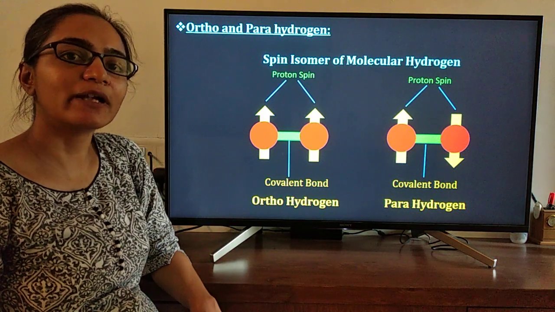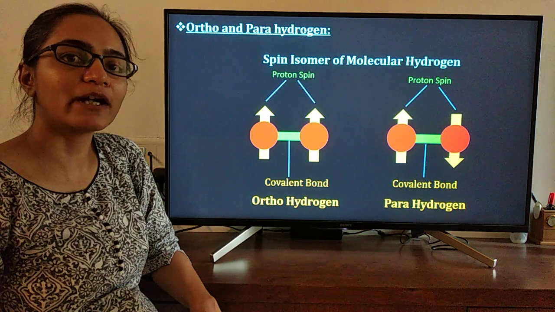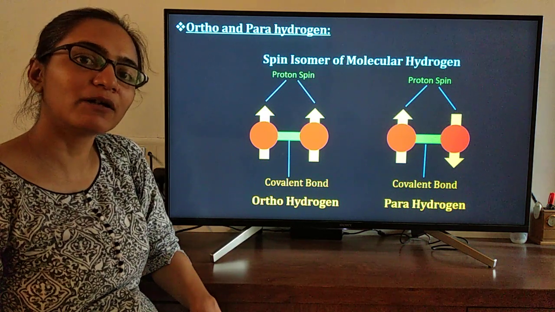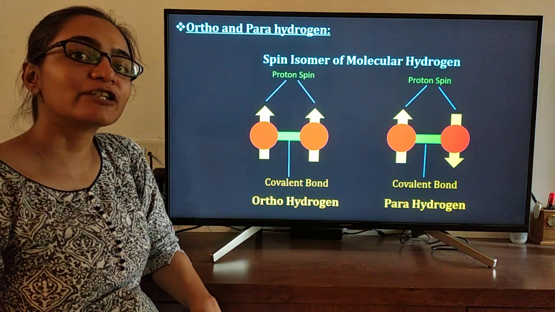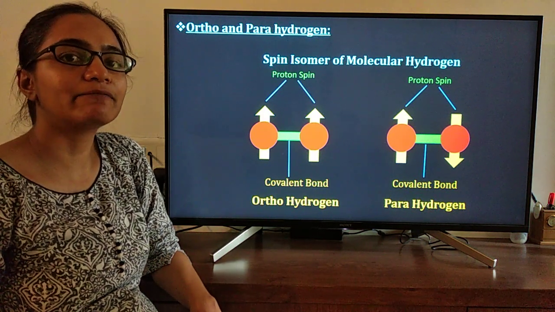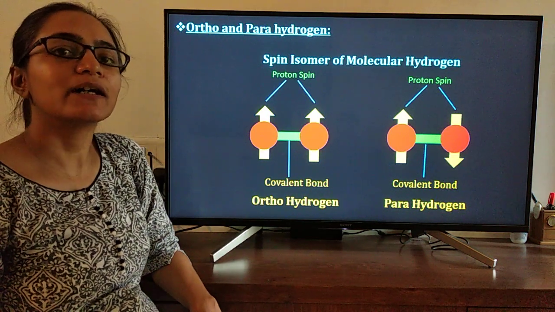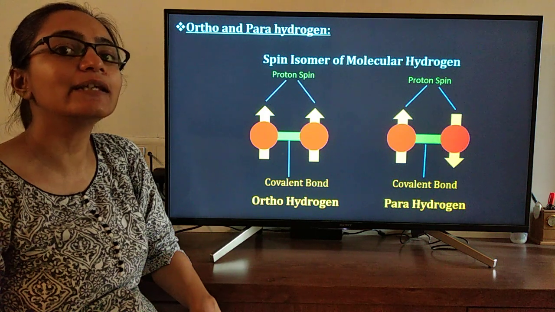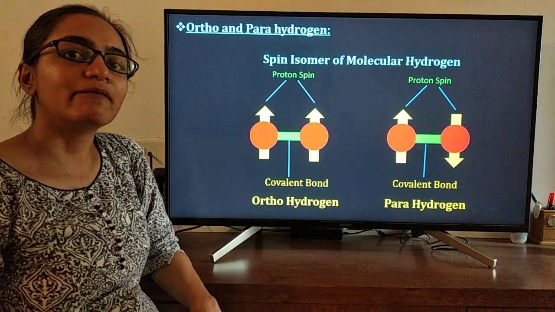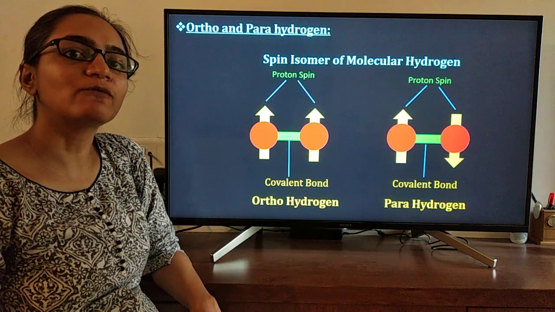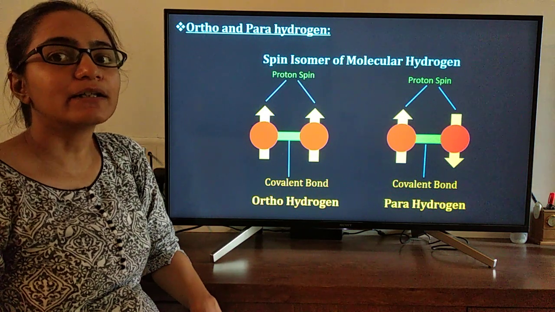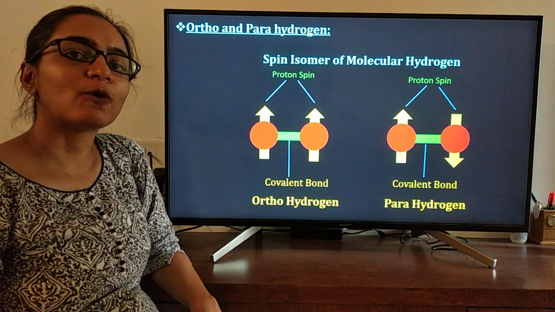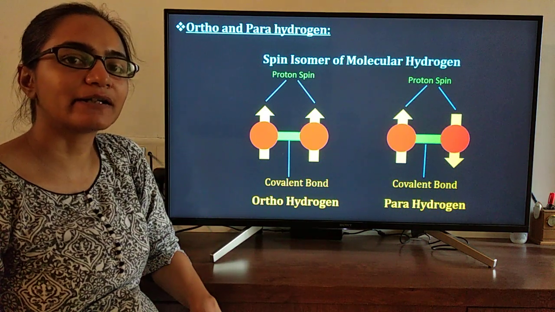Then, in the lower energy levels, orthohydrogen is represented by odd rotational levels, where J is equal to 1, 3, 5 and so on. On the other hand, parahydrogen is represented by even levels, where J is equal to 0, 2, 4, 6 etc. Thus, in the spectrum, lines are repeatedly obtained for the ortho and para forms respectively.